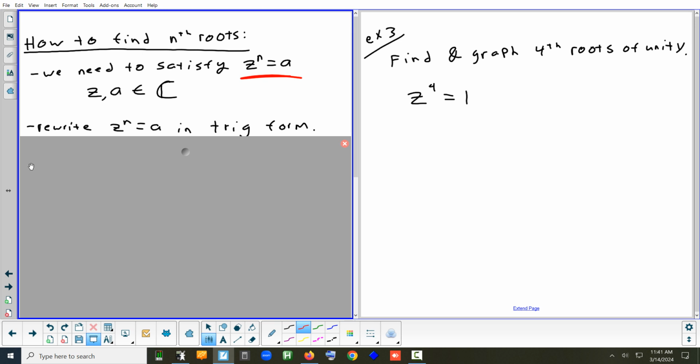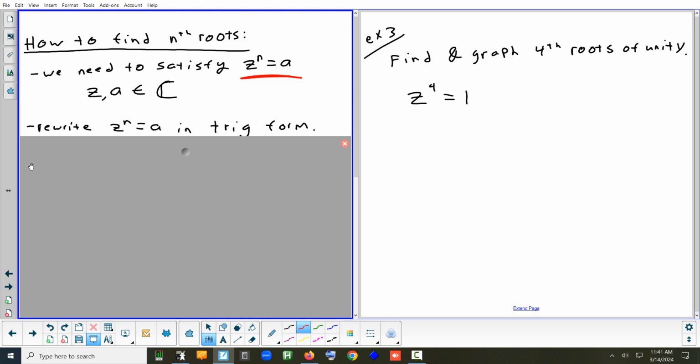Z to the fourth equals 1. Which side has a variable on it? The left or the right? The left. So the left-hand side is going to still have variables on it when you rewrite it. The right-hand side doesn't have any variables. So let's start by writing the number 1 in trig form.